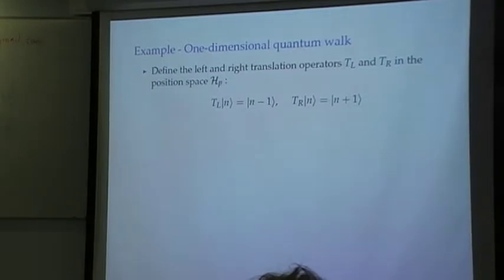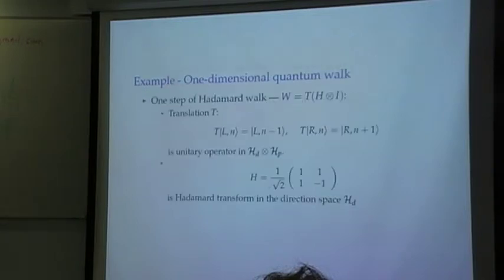Let's look at this single-step walk operator in a different way. We define the left and right translation operators T_L and T_R. These are unitary operators on the position space H_P, which is different from the total translation operator.